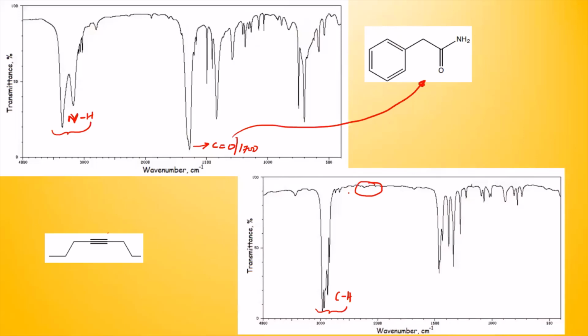So this peak, we can only eliminate it by choice, that this couldn't have been this because this is missing the C double bond O. But this has two strong variables, the NH stretching and the C double bond O stretching, whereas this only has the CH stretching. But it does say it's variable, right?